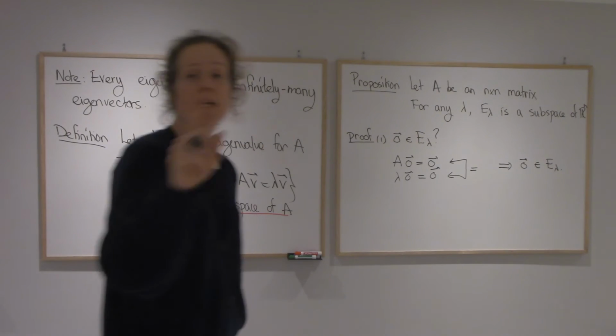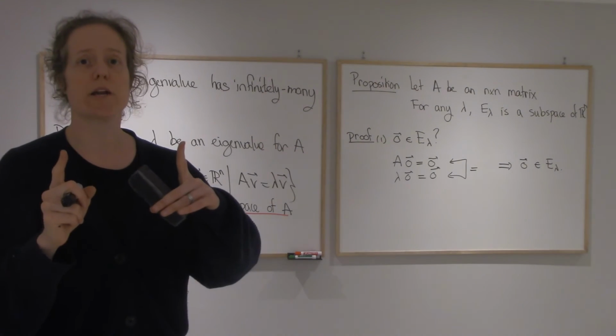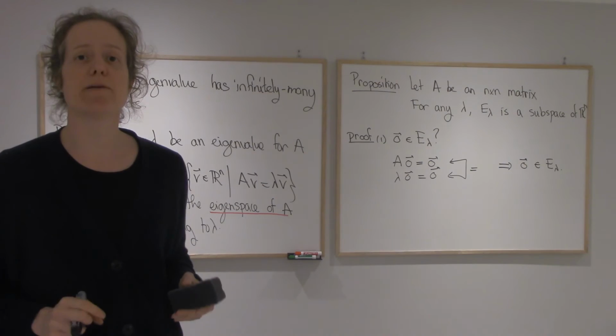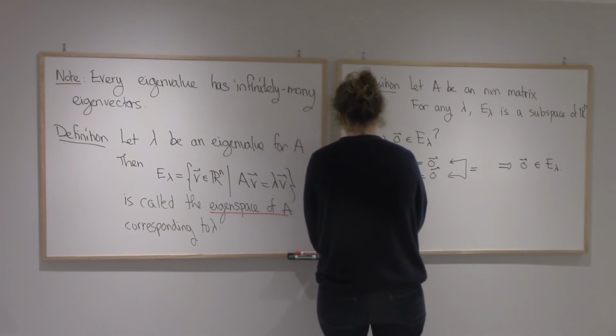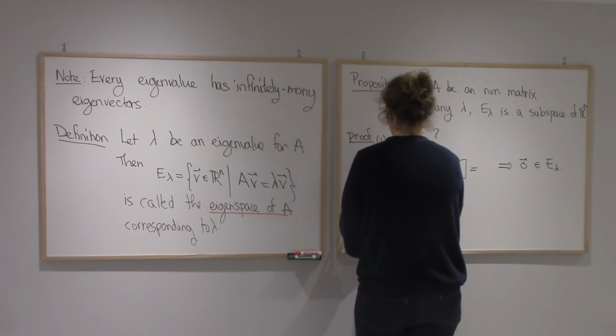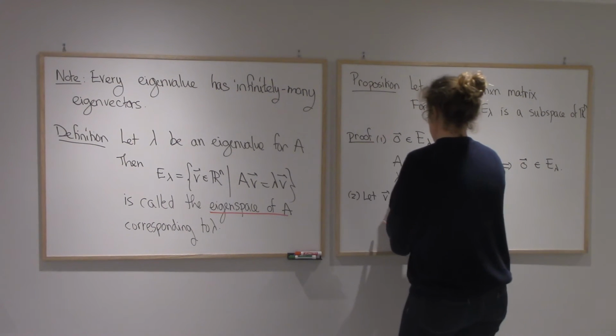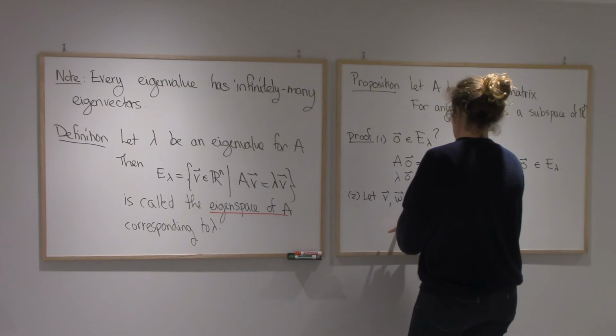Second thing we need to prove is that if I take two vectors that are in E lambda, I can add them and get a vector in E lambda as well. So let V, W be in E lambda.